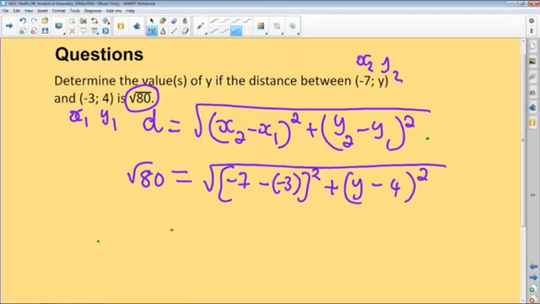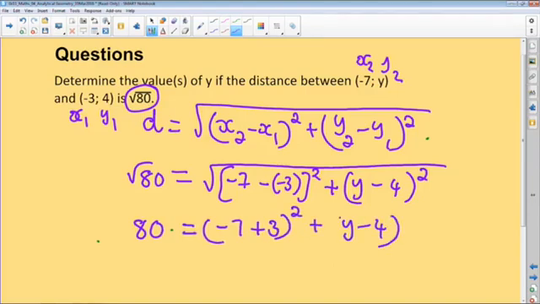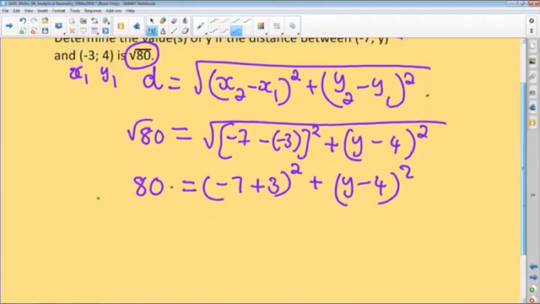Okay, guys, you've got a square root on the left-hand side and a square root on the right-hand side, so you can square on both sides. If you square on both sides, you get 80 equals minus 7 plus 3, squared, plus y minus 4 all squared. All right. Right now, let's fix this.